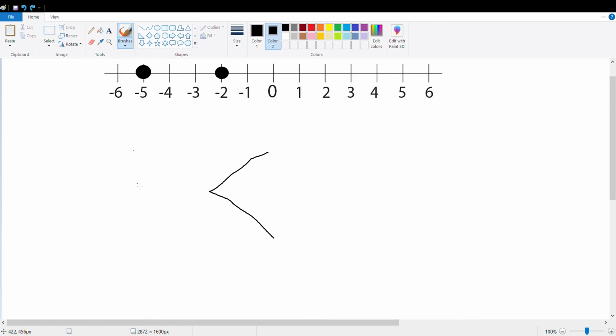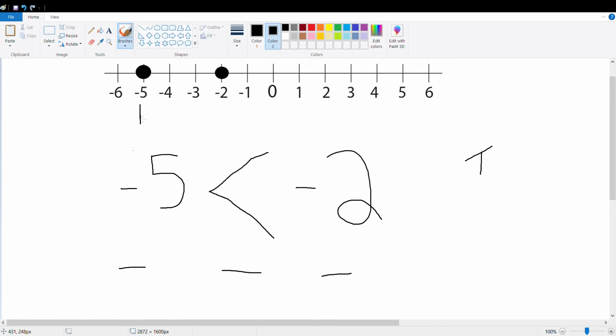So we would put negative 5 is less than negative 2. And in this instance, again, this would be a true equation, because negative 5 is, in fact, less than negative 2, because negative 5 is further left on the number line than negative 2.